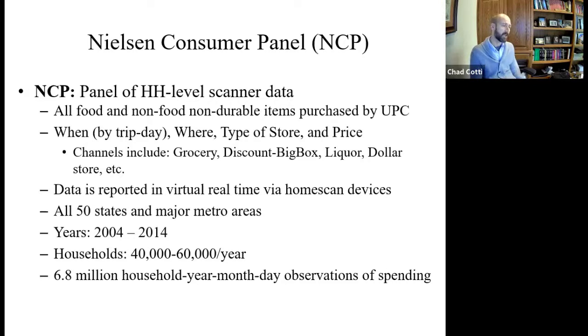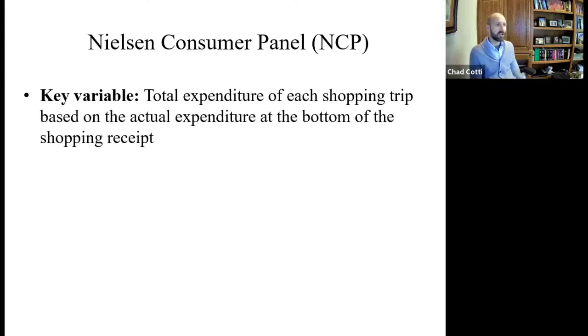Now, our key measure here is total expenditure. There's a field in Nielsen that gives you total expenditure for each shopping trip, and it's based on actual expenditure at the bottom of the receipt. The reason that's important is you could calculate expenditure for different categories and subcategories of the Nielsen by just taking price times quantity for the group.